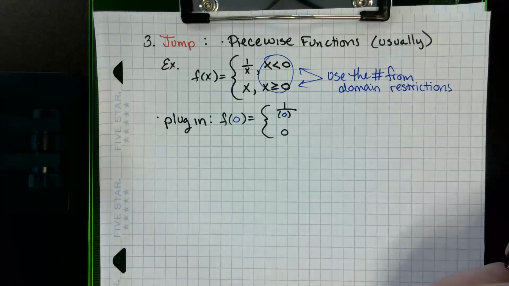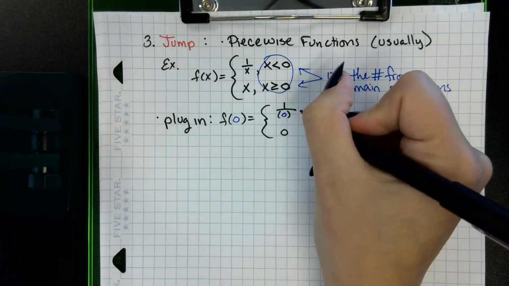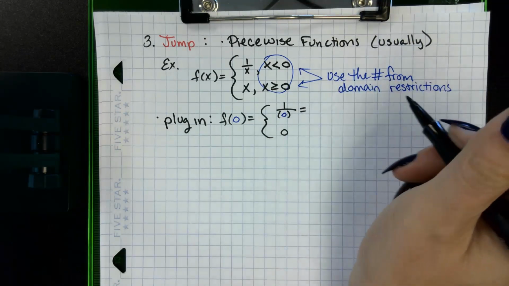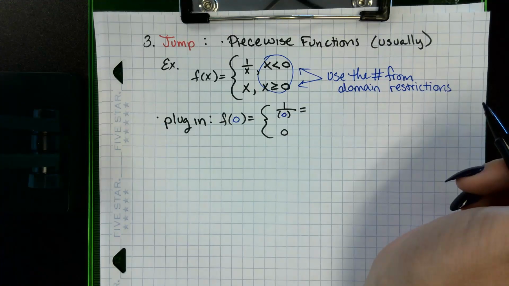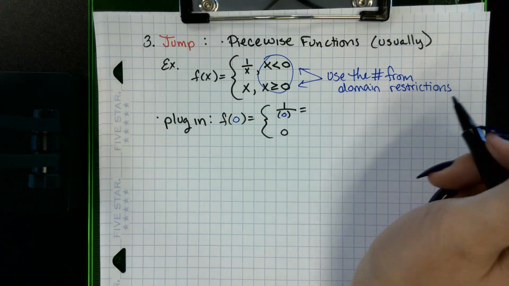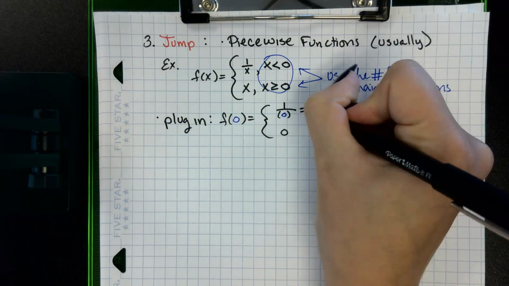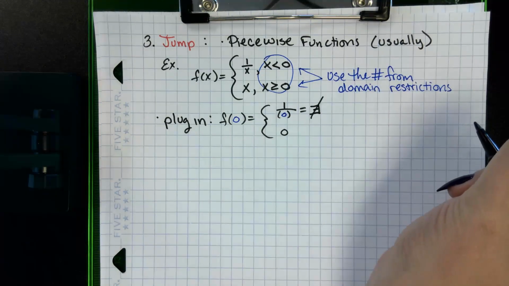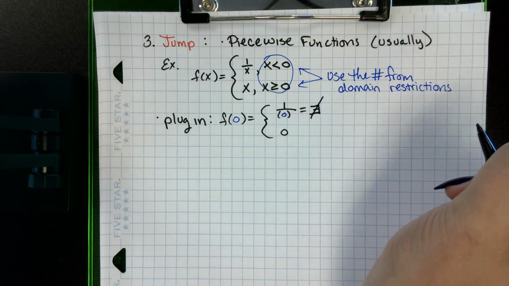When we evaluate 1 over 0, that's 1 divided by 0. You cannot divide by 0. If you do 1 divided by 0 in your calculator, you get an error. So it's not an element of real numbers. This is capital E with a line through it: not an element of the set of real numbers.